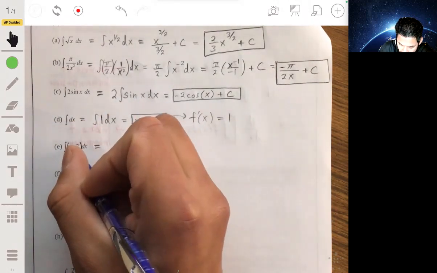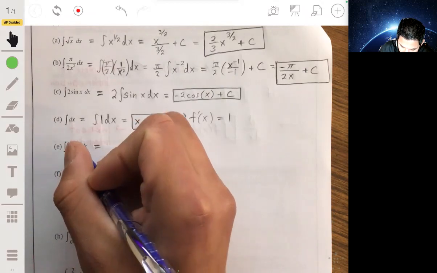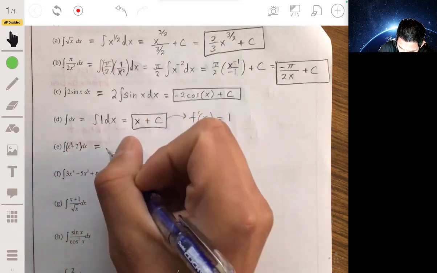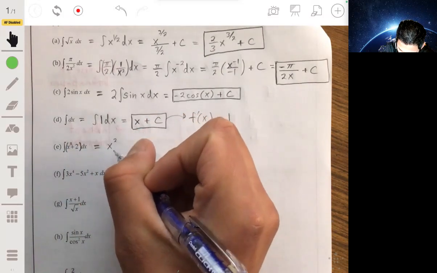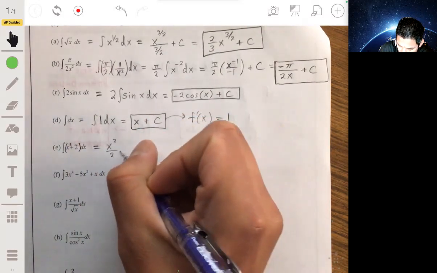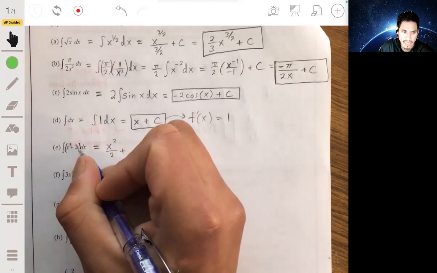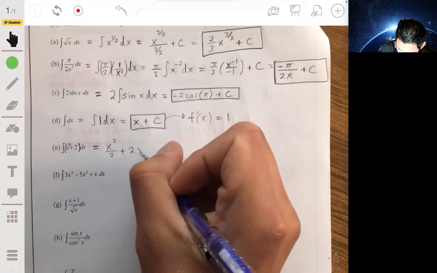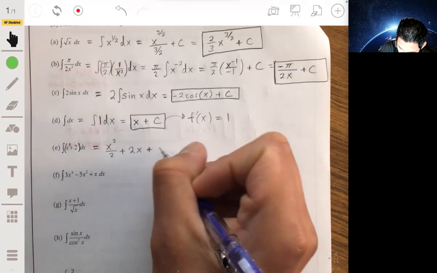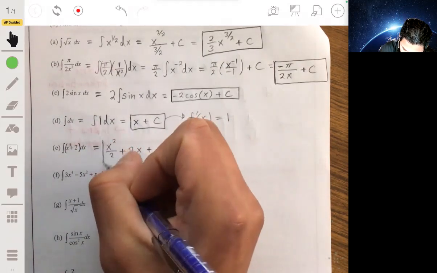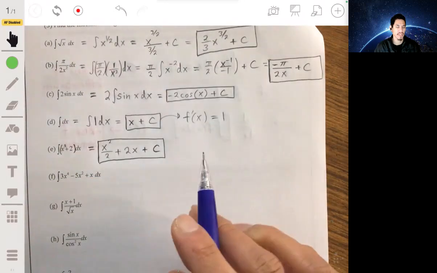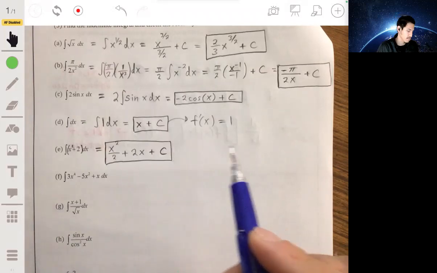So the antiderivative of x, remember this is the same as x to the 1, is x to the 2 divided by 2, plus the antiderivative of 2, which will just be 2x. And don't forget your constant. The constant, again, is a big deal. Some teachers and professors will take off points, and they're really strict about it on the AP exam.